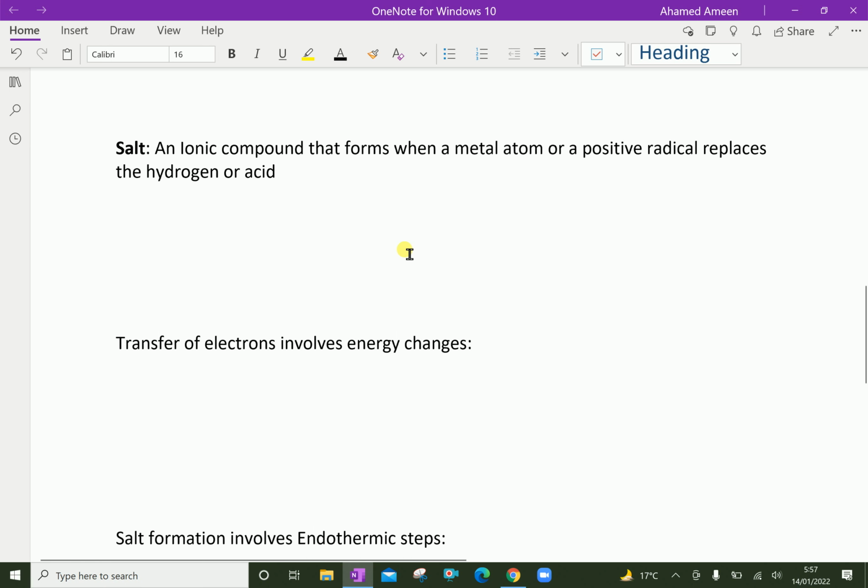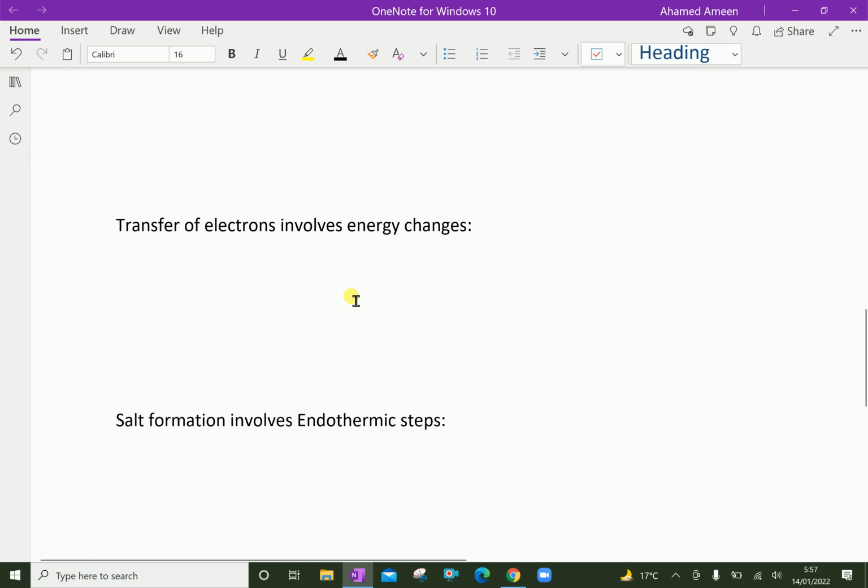ions. Now, transfer of electrons involves energy changes. Recall that ionization energy is the energy it takes to remove the outermost electrons from an atom. In other words, moving negatively charged electrons away from an atom that will become a positively charged ion requires an input of energy before it will take place.